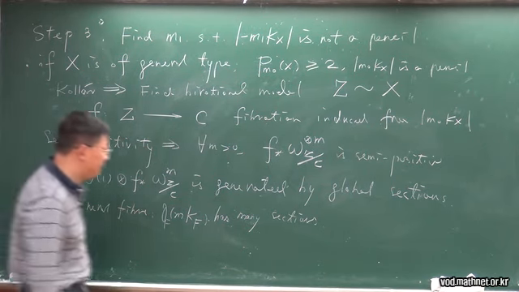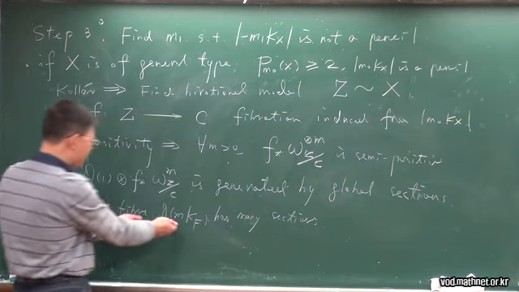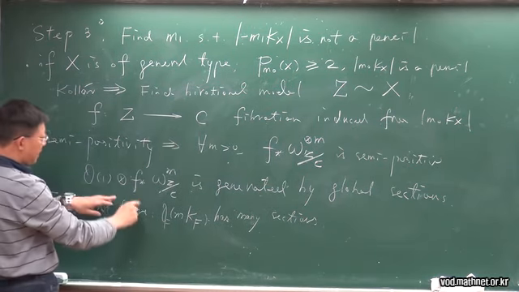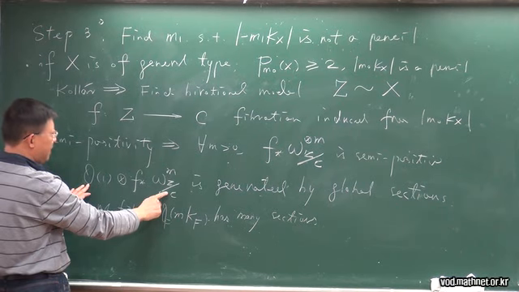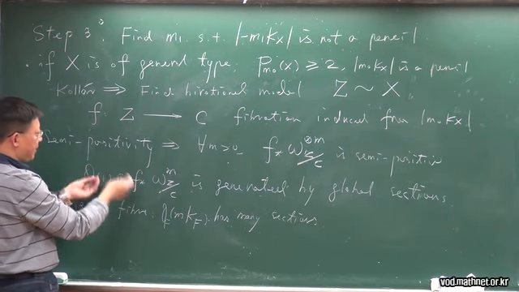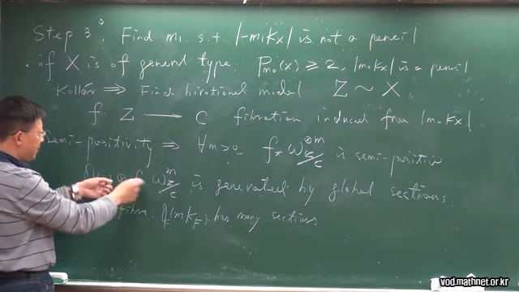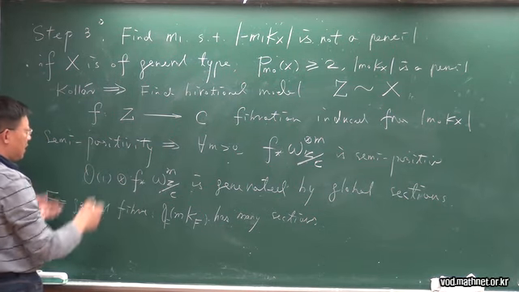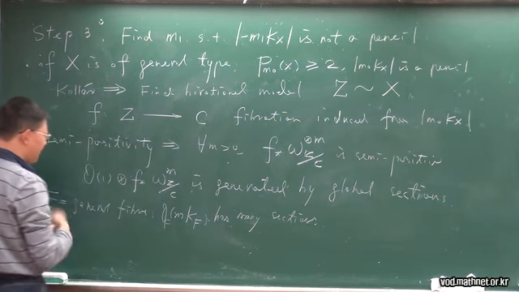Then mK is a local section of this sheaf on C. Because it is generated by global sections, it can be extended to a global section of some sheaf.